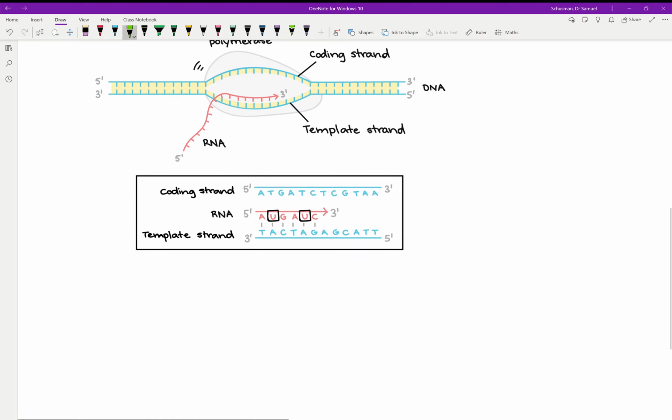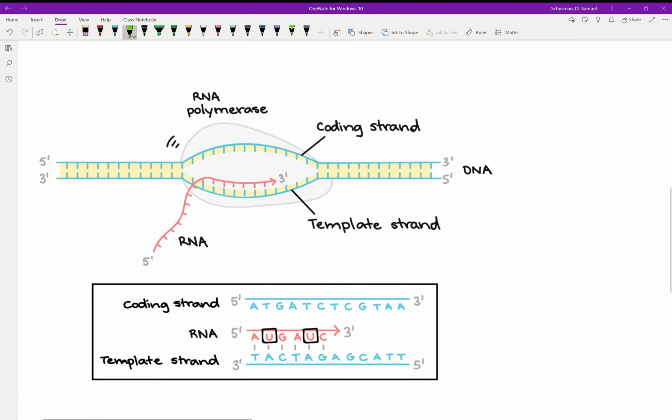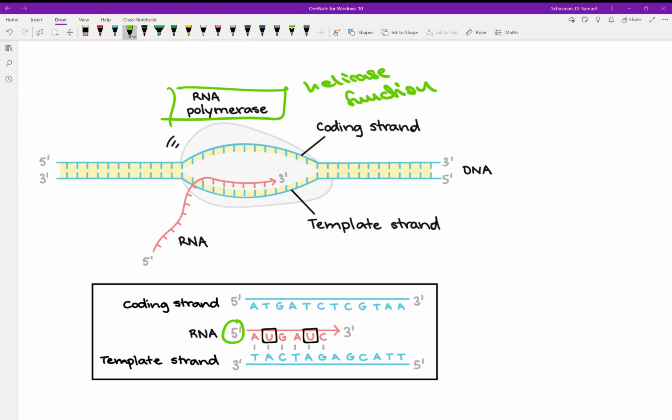However, slightly more complicated. So I said that you need to unzip the DNA to expose those bases. It's actually far easier than DNA synthesis because RNA polymerase has a helicase function. So if it needs to transcribe this strand, what it does is it just unzips it itself and then grows in the 5' to the 3' end.